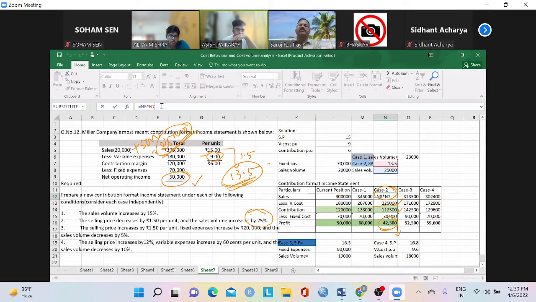Then you have to deduct fixed cost also. My calculation is correct or not? Yes, sir, it is coming to 42,500.